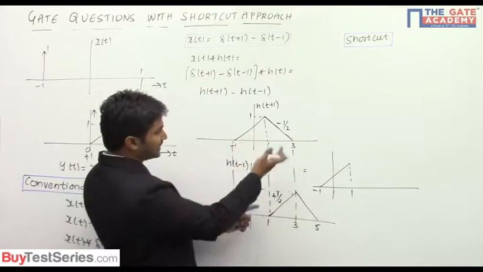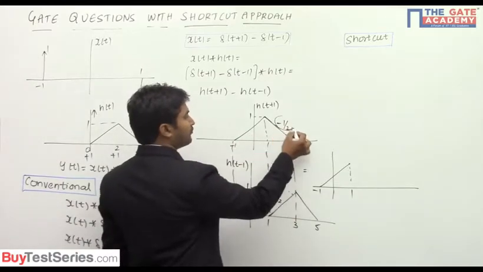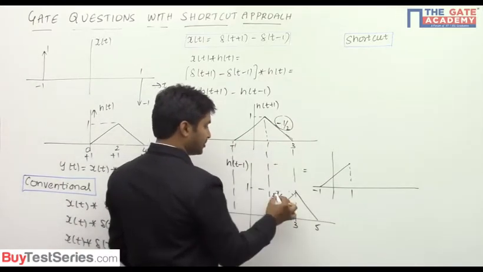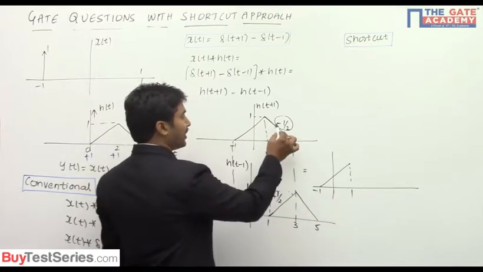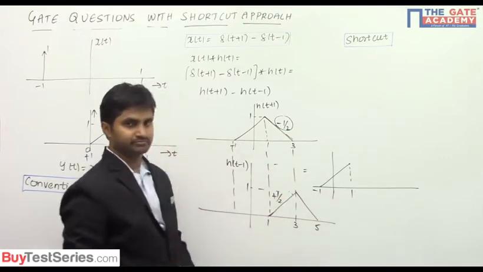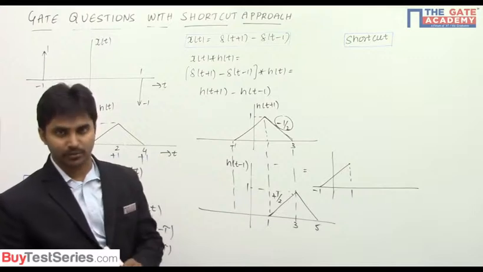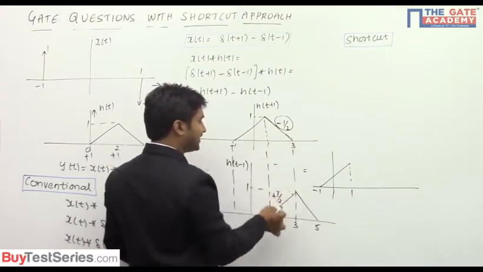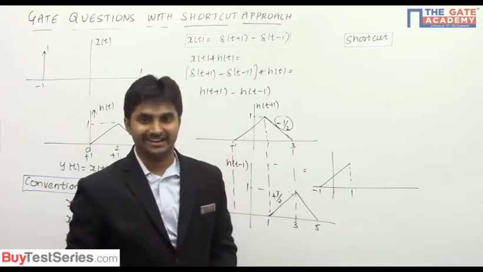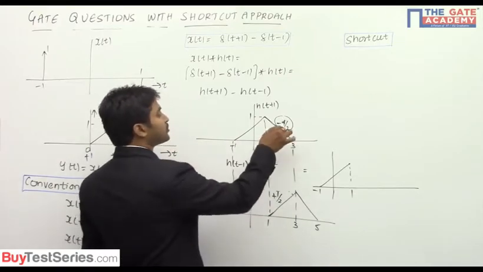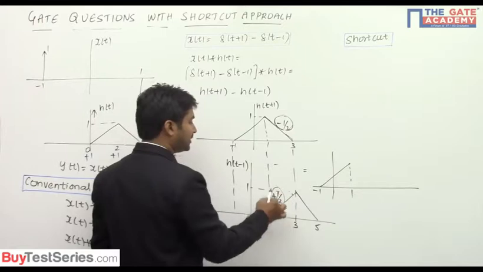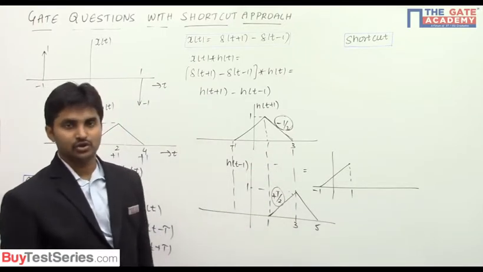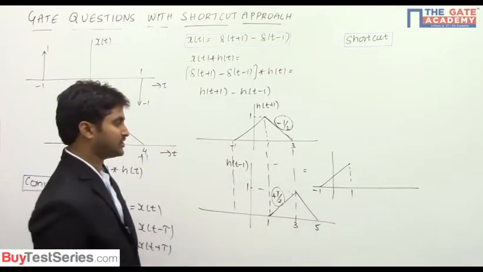Now when you are subtracting these two lines, one with a slope of -1 by 2 minus 1 by 2, it is going to be equal to -1. The resultant line, when you are subtracting two lines, is also going to be a line with a slope equal to -1 by 2 minus 1 by 2, which is equal to -1. So now the slope will be equal to that of -1.